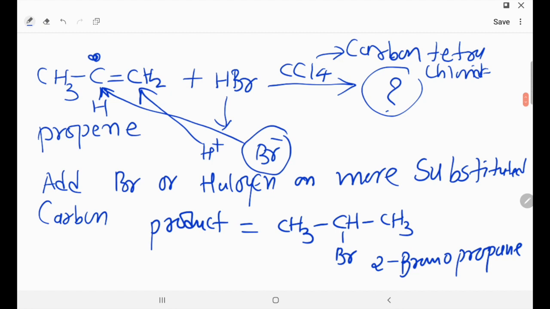Alright, now a big question arises: what about the mechanism, and how does this mechanism take place? Let's check that mechanism first so you will understand better. So here we are going to start with the mechanism.